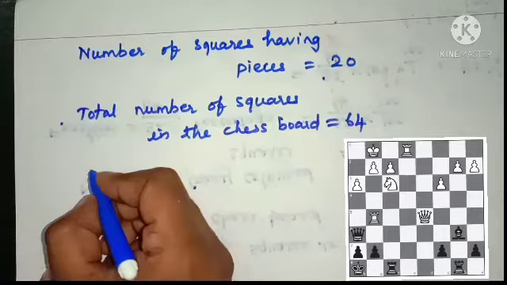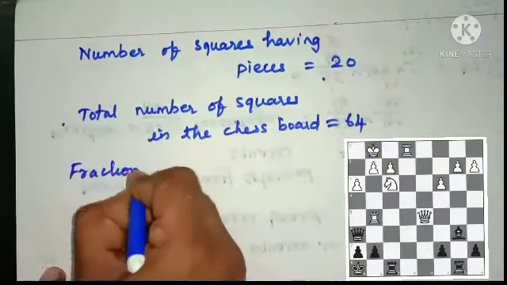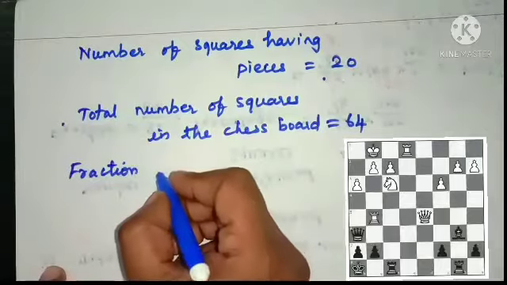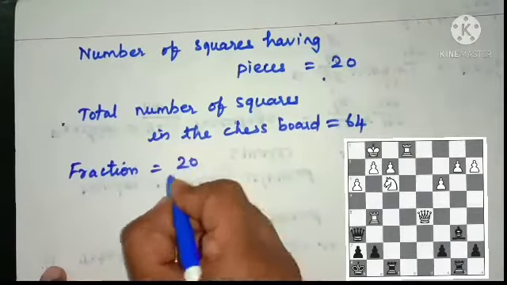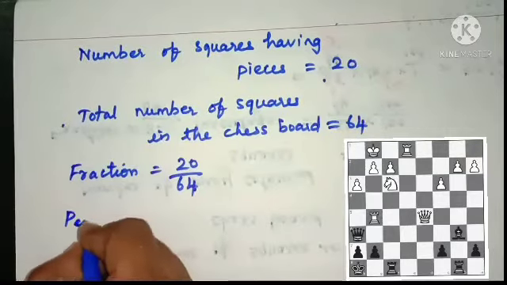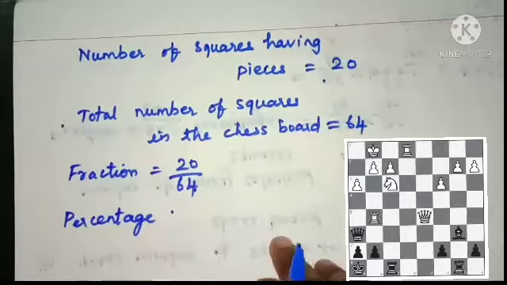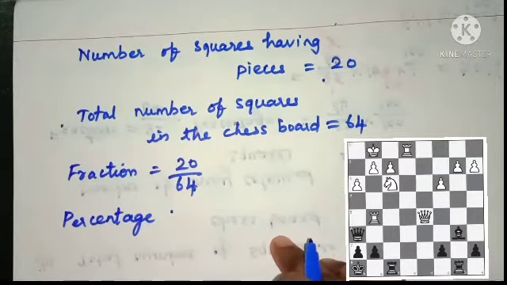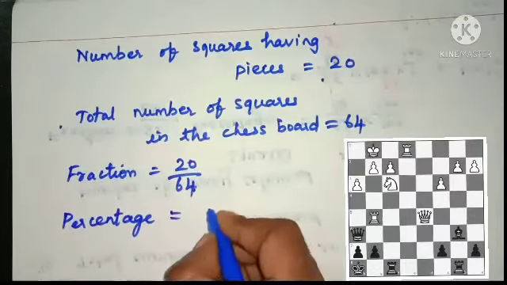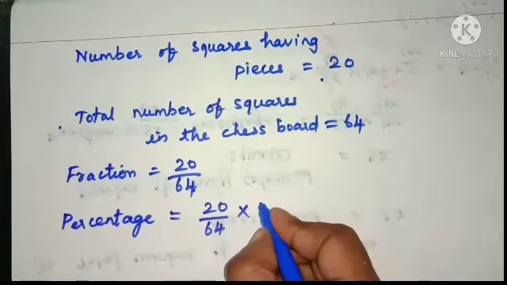And now, what is the fraction? To find the percentage, first find the fraction: 20 by 64. Now children, let us find the percentage of the squares that have the pieces. Therefore, take the fraction and multiply and divide by 100.